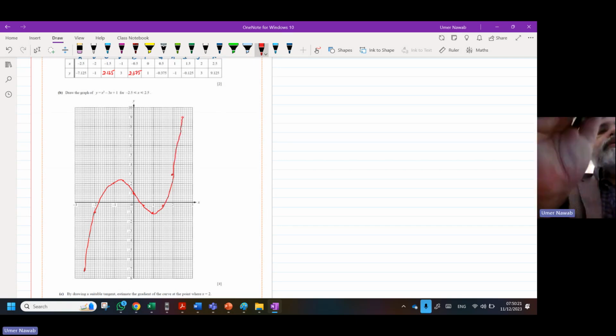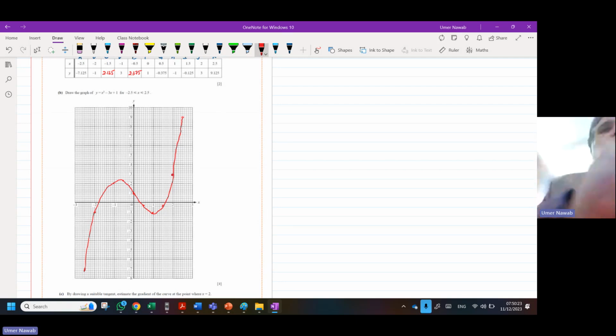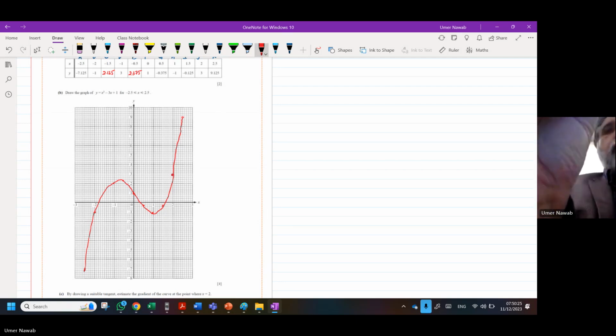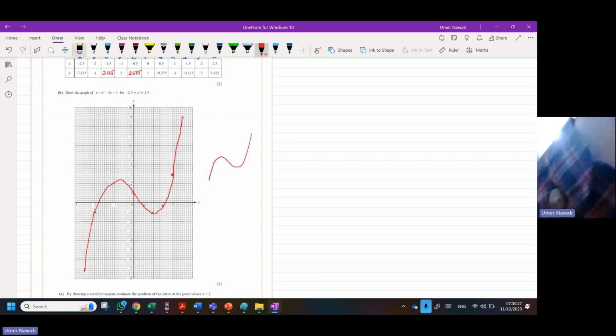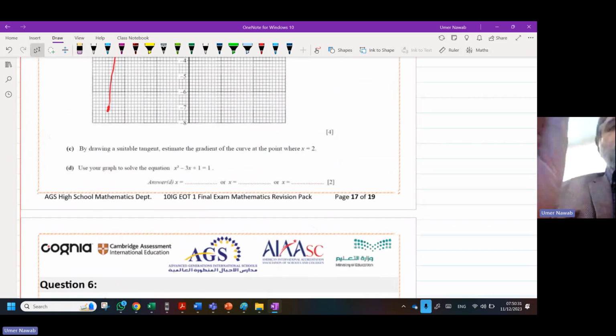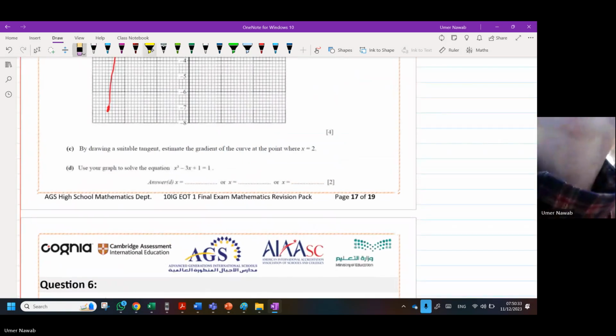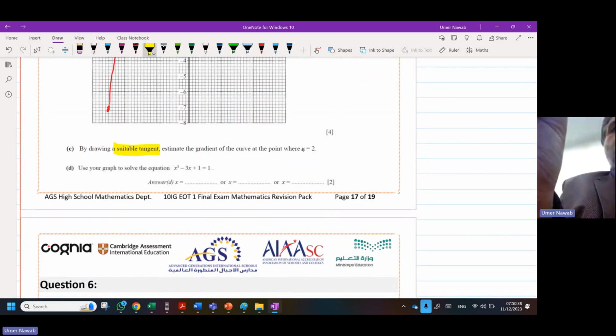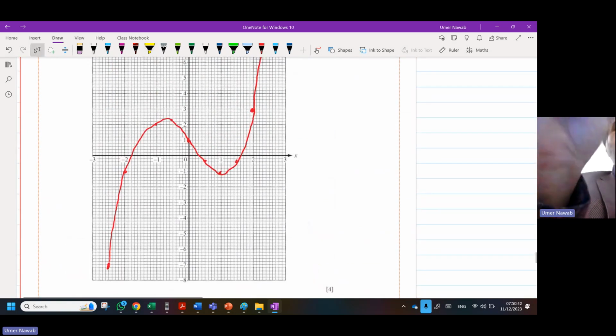Okay, so the graph which we have drawn looks like this, which is a cubical function. What's the first question? He said, draw a suitable tangent and find the gradient of a curve at x is equal to 2. Where is x is equal to 2?